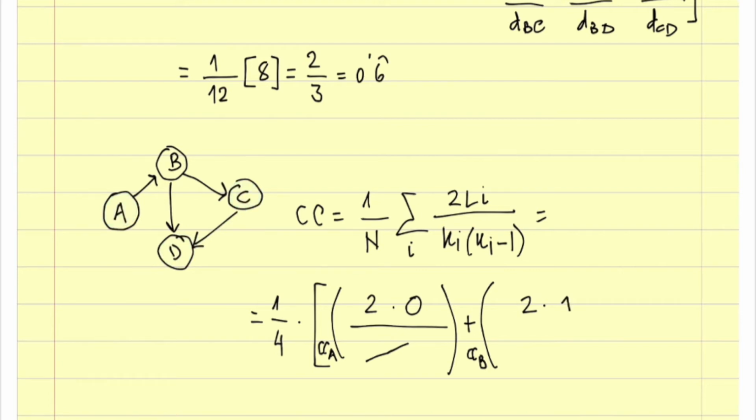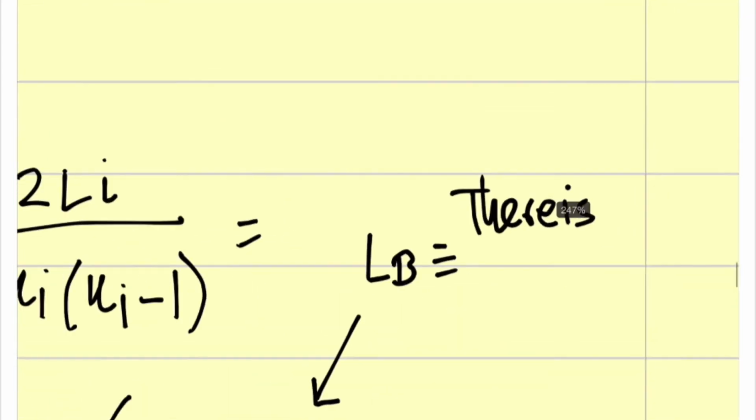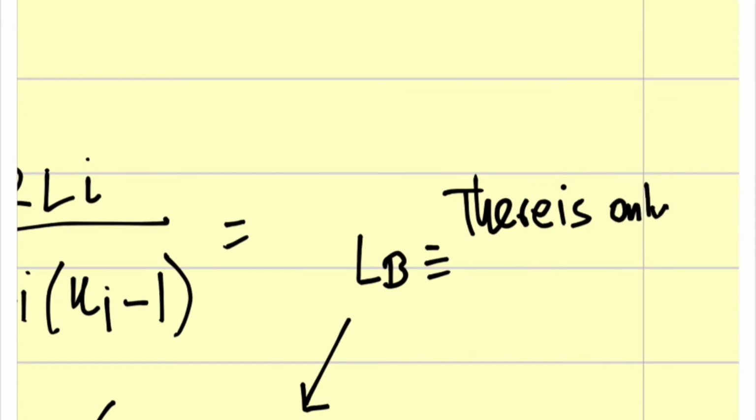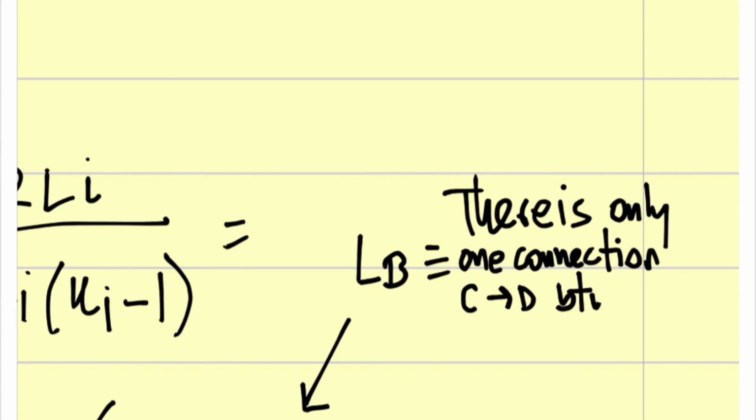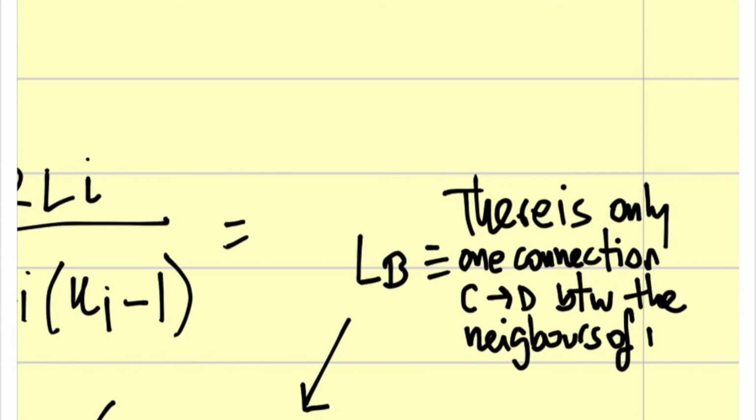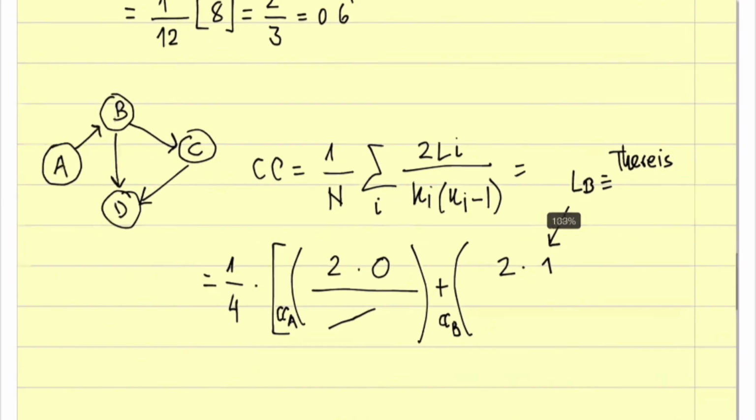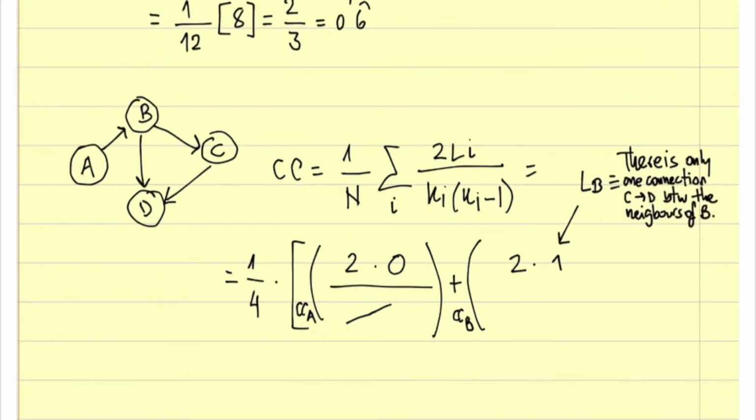So this number 1 is L sub B, which means there is only 1 connection, the one between C and D, between the neighbors of B. Okay? Is this understood?